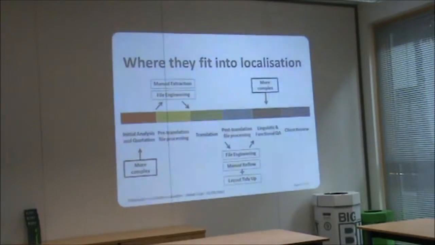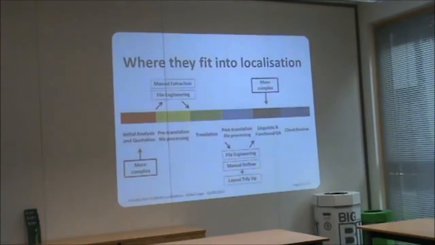Where these fit into the localization process in general, for more complex projects, is, as I said, before and after translation. So they have pre-translation file processing, you might have either or, manual extraction and file engineering.